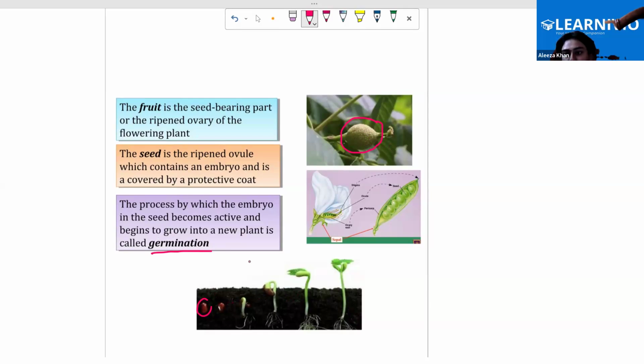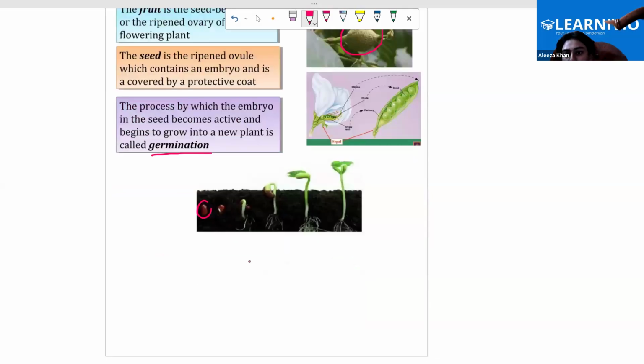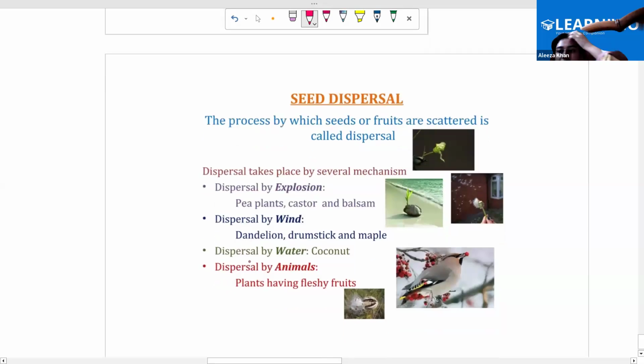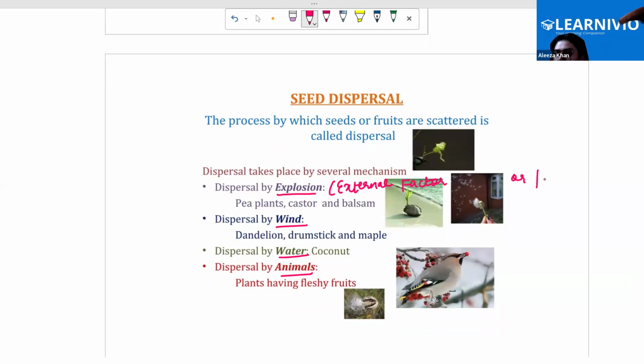Also, just as the pollen grain was dispersing, there is the dispersal of seeds also. These are by the wind, by the water, by the animals, and also by the explosion. Now, what do you mean by explosion? Ma'am, due to any external factor or force.